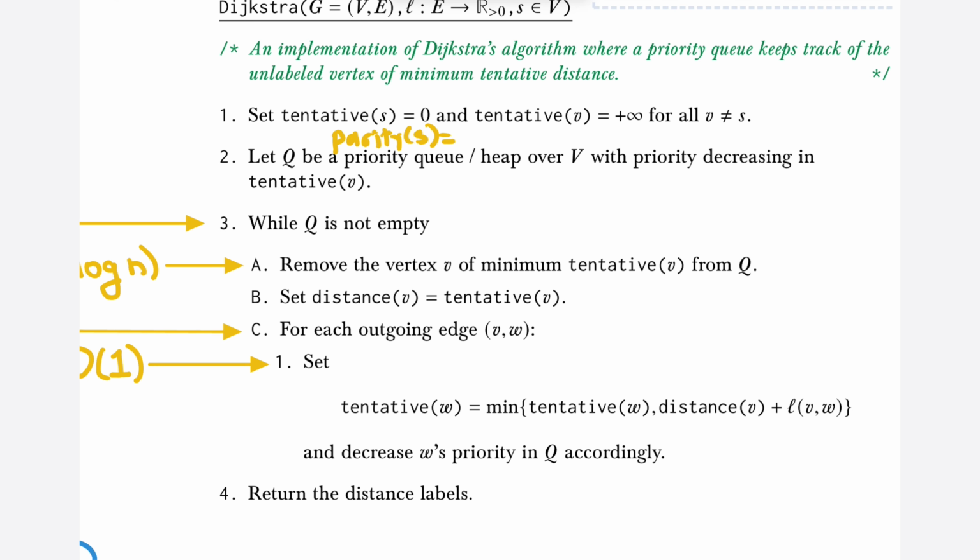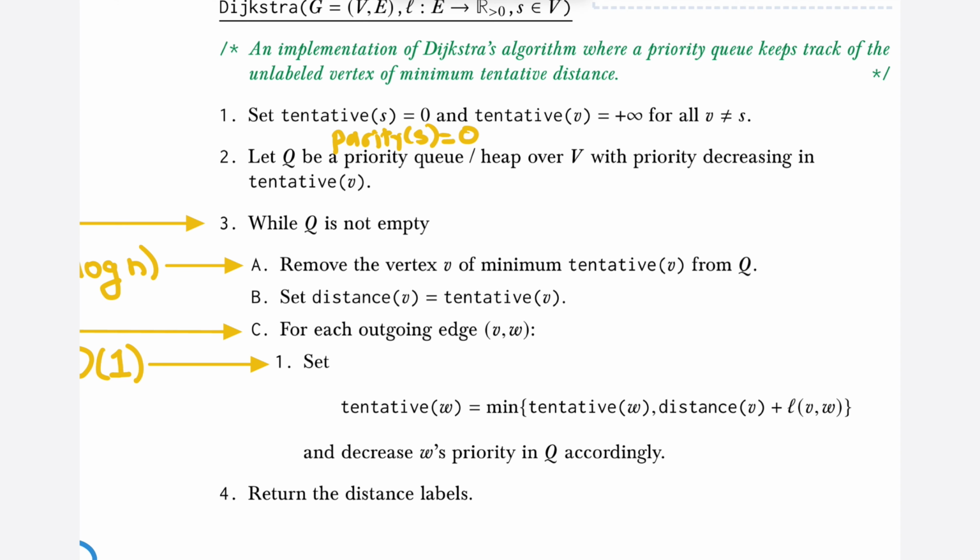A parity of S is equal to 0 because I got to S in 0 steps. So maybe I'm going to do something like Dijkstra's algorithm, but when I get to a vertex, I'll remember if it was odd or even. So that in particular, if I get to T and it was even, then I'm happy. That makes sense. Okay, so the idea is basically you're just keeping track of the parity as you go through Dijkstra's algorithm. Does anyone else have an idea like this?